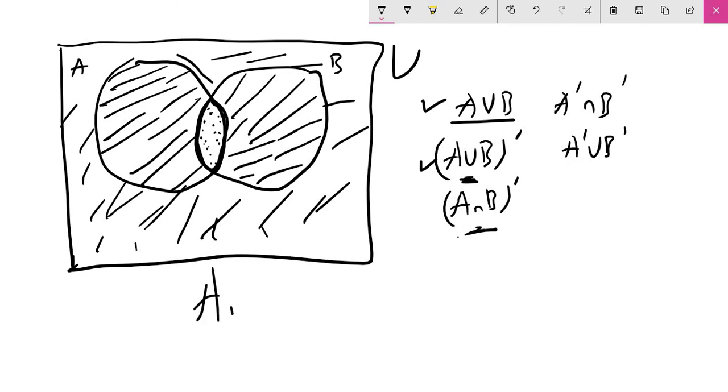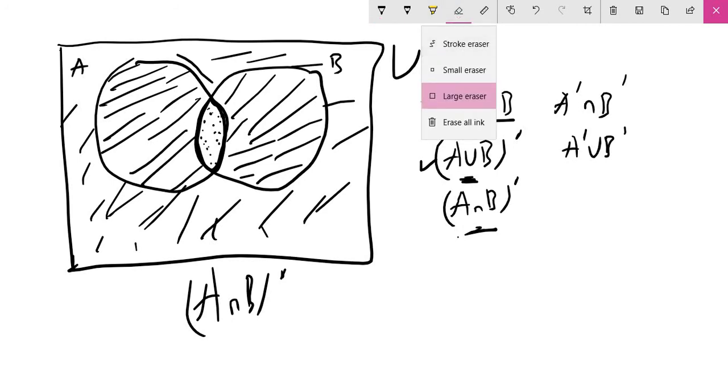And that gives A intersection B complement, as long as it's in the universal set but not inside that. Oops, I meant to clean it.